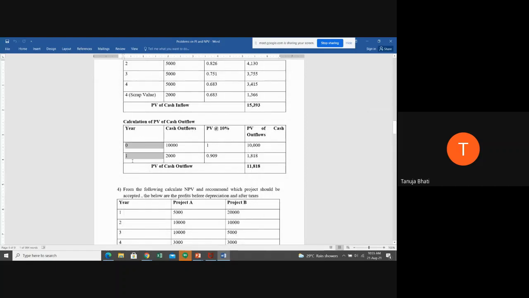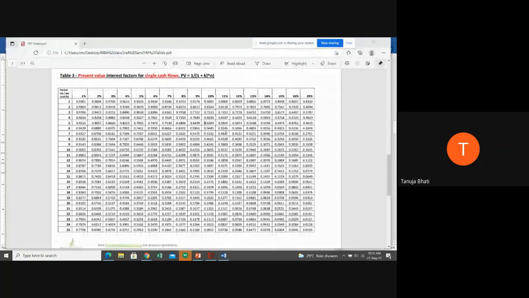Write the year 0 and 1. Your outflow in year 0 was 10,000. Year 1 is 2,000. Now, the PV factor is already given at 10% in the problem. Now, we know that PV, at any rate of discount, for the year 0 will always be 1. Here you do not have any 0 in the table.